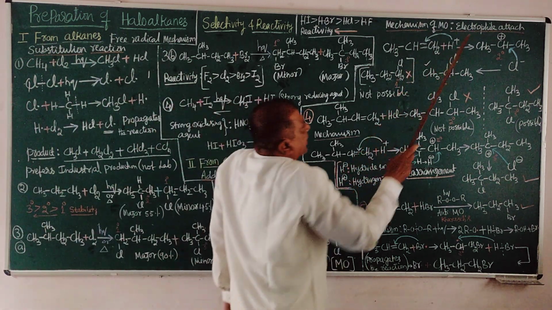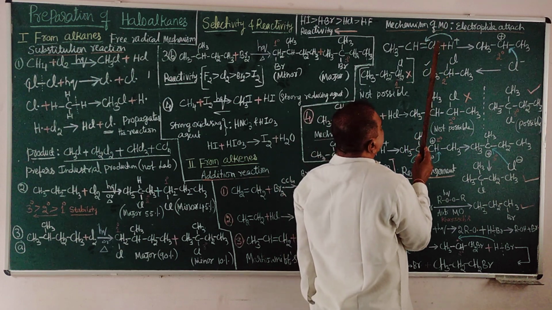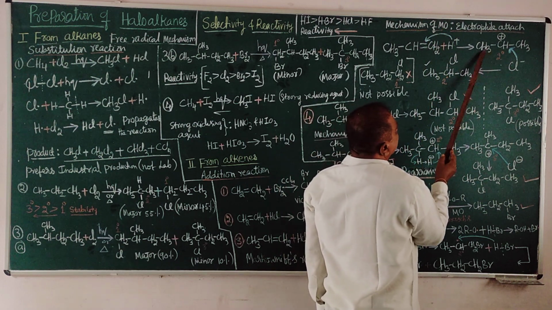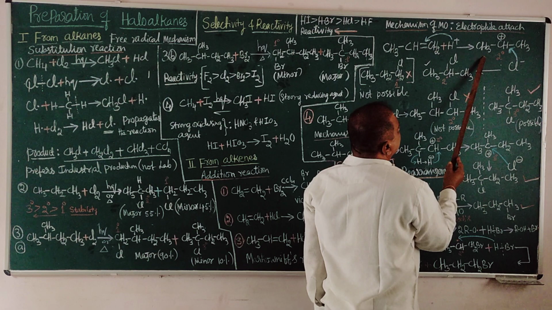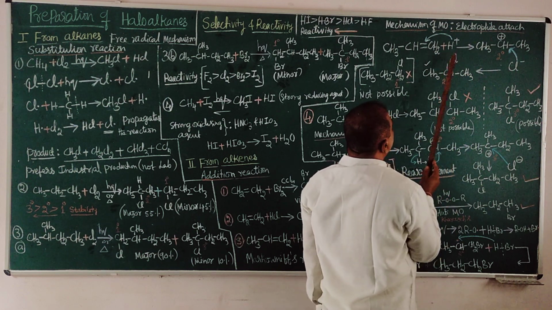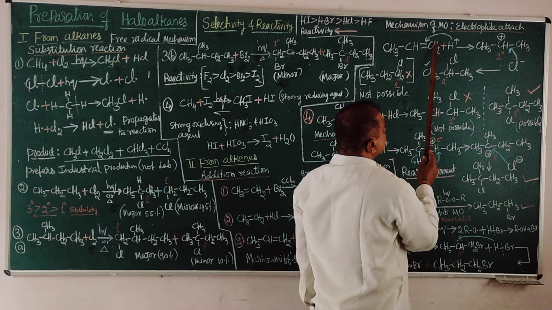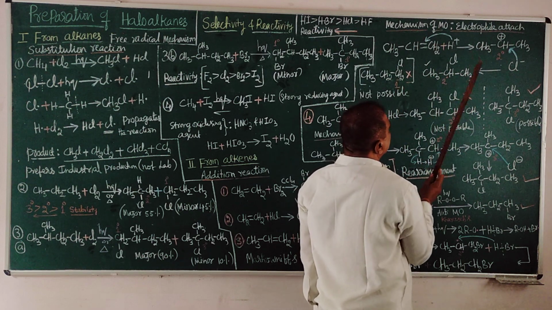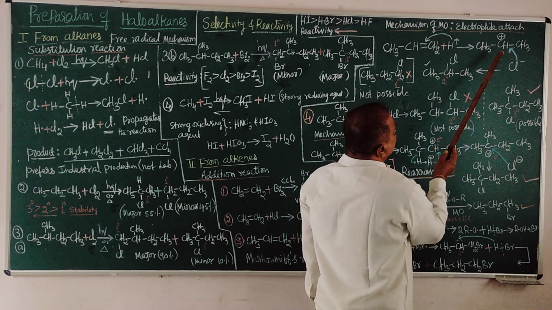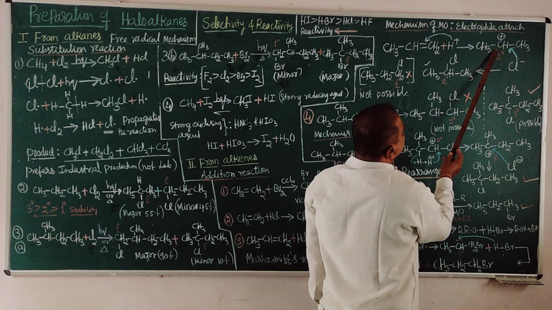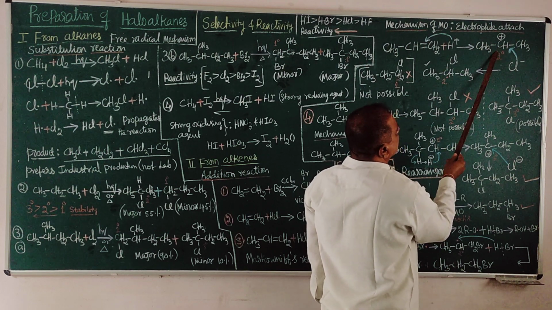So hydrogen attacks and bonds with this carbon, which results in the secondary carbocation. It is more stable than the one with the primary carbocation. Therefore the reaction prefers this selectivity.